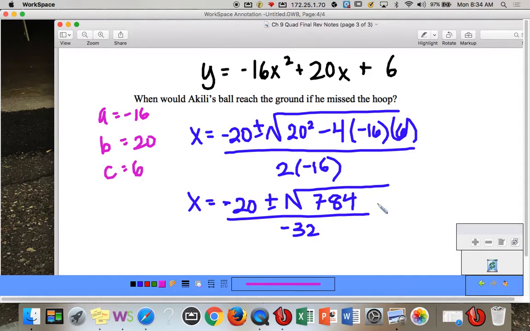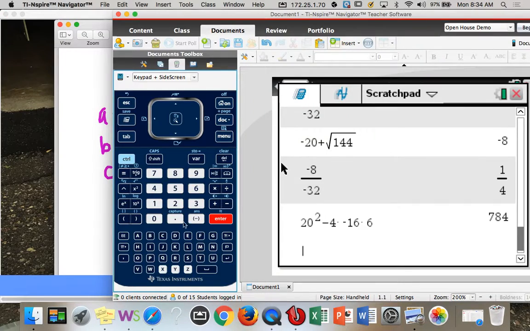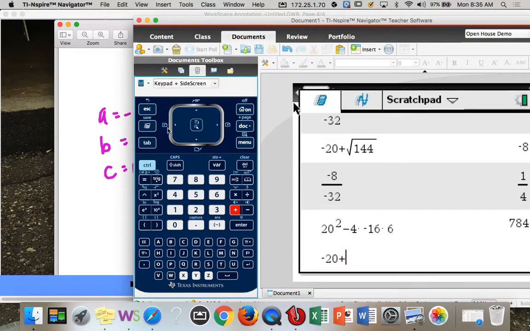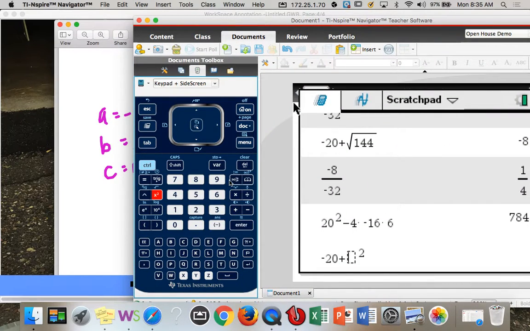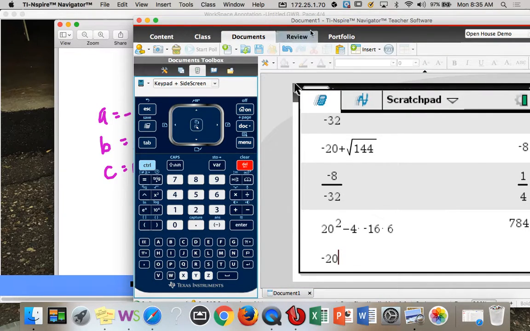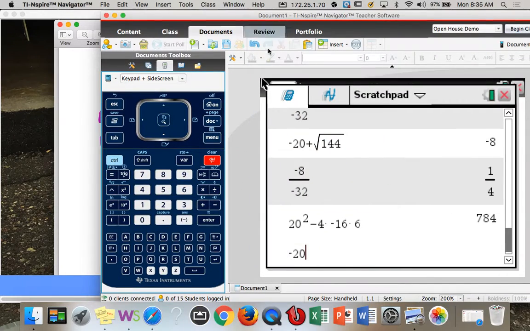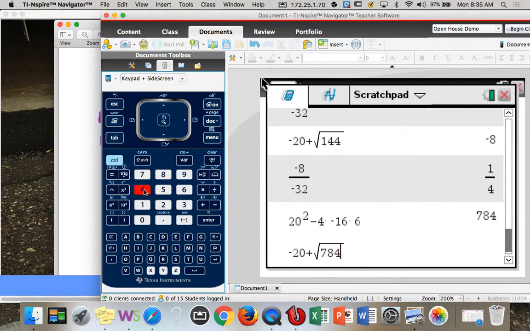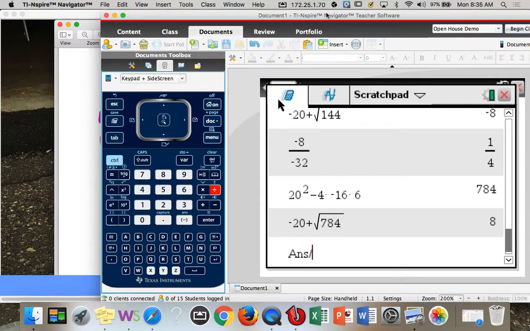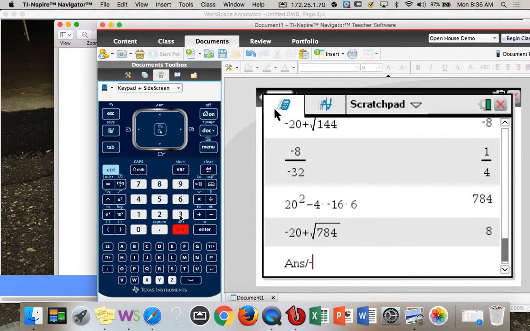And then you split it up and solve. So again, you figure out these three things. Split it up and solve. So we have negative 20 plus the square root. Let's redo that. So negative 20 plus the square root of 784. Hit enter. Divide by negative 32.